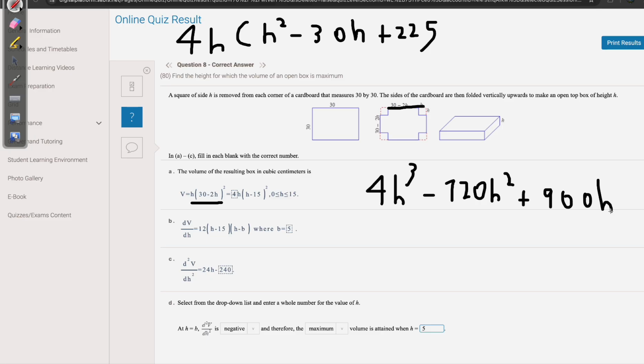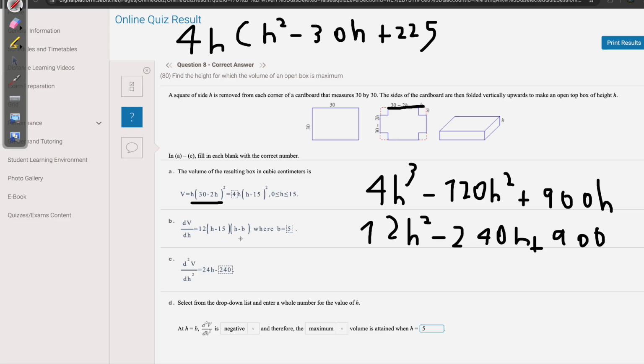But they want the derivative of this. So we're gonna have to derive it, which will give us 12h squared minus 240h plus 900. And then we're gonna have to factor it. Okay, so 12x squared minus 240x plus 900 is equal to 0.